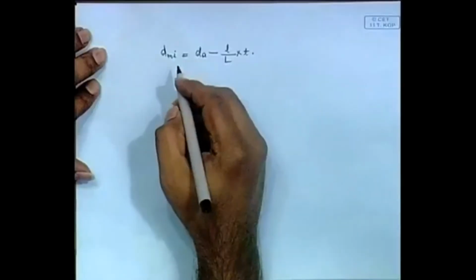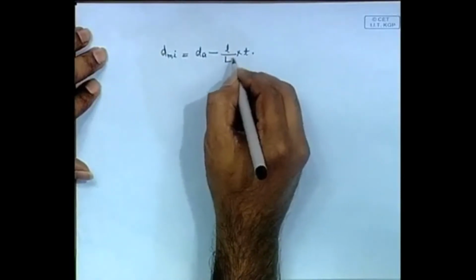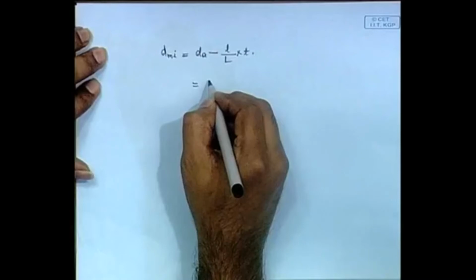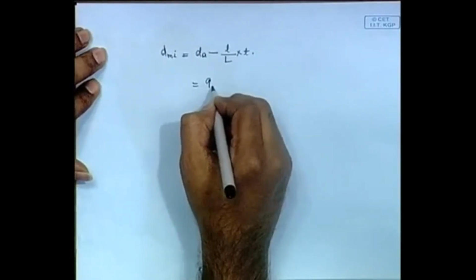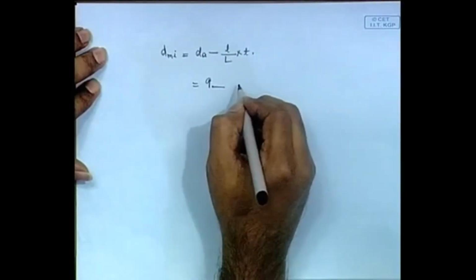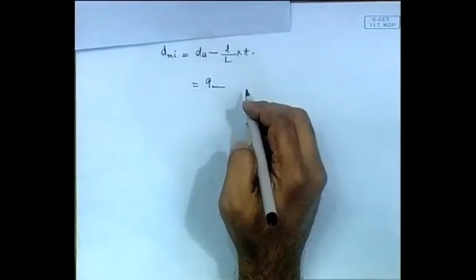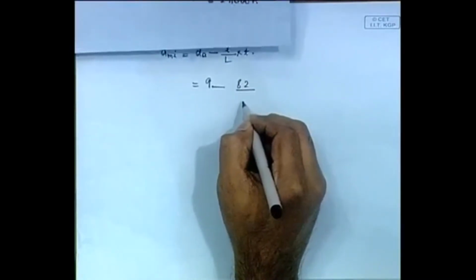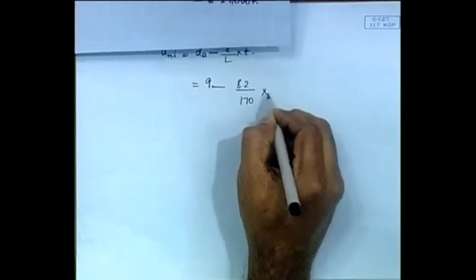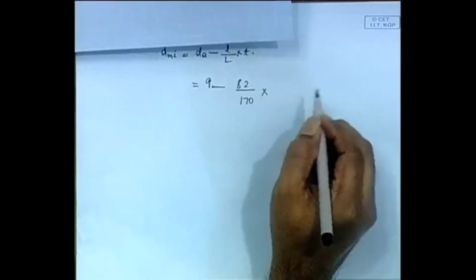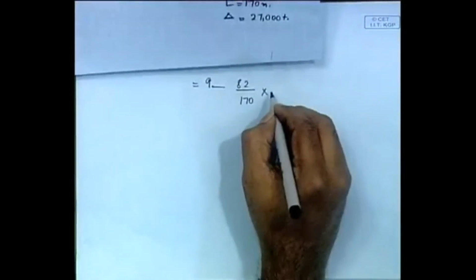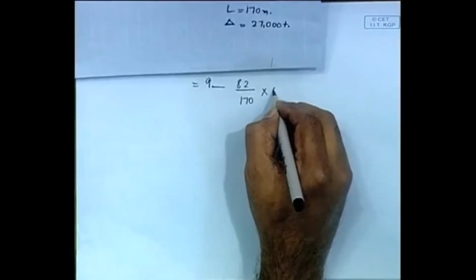So D_M initial is equal to D_A minus (l by L) into T. The draft aft is given to be 9. Here l is the distance of the LCF from the aft perpendicular, given as 82, and L is the length of the ship, 170, into T, the trim, which is the difference between the forward and aft drafts: 9 minus 8.72, that is 0.28.